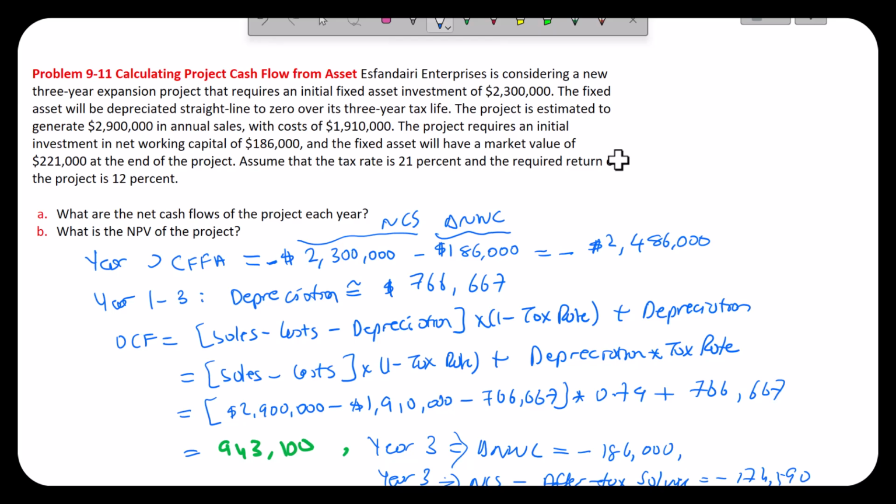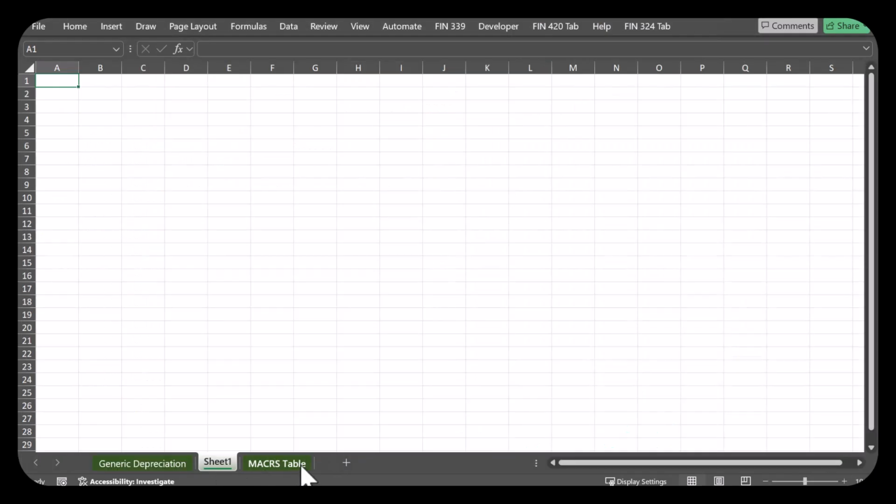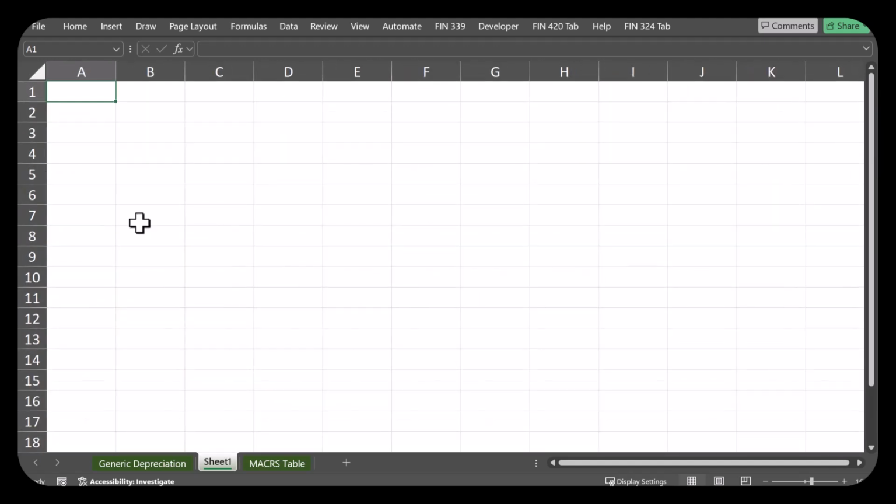And to calculate the CFFAs, let's go back to Excel again. Zero, 3, net capital spending, or OCF.